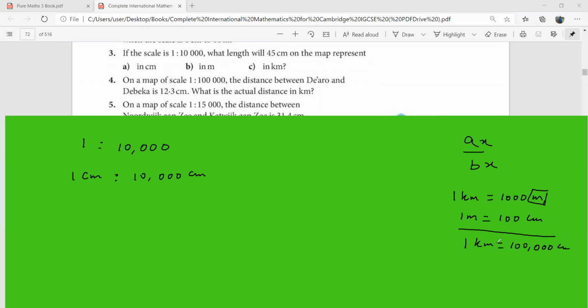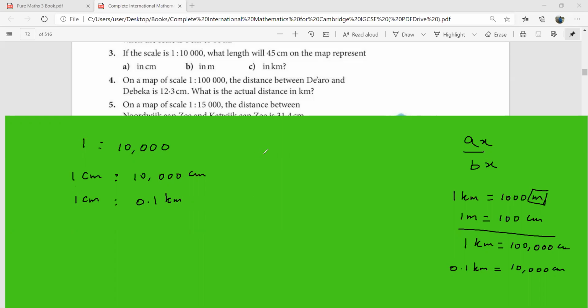So if 100,000 centimeters are 1 kilometer, and if it is just 10,000 centimeters, so I should be allowed to write it as 0.1 kilometer, or 1 over 10 kilometer. Yes. So this 1 cm is basically representing 0.1 kilometer.